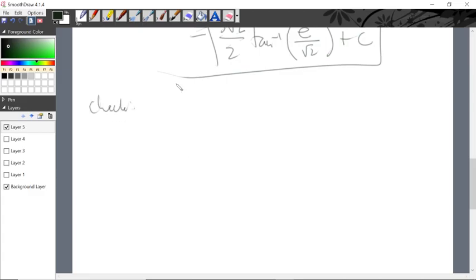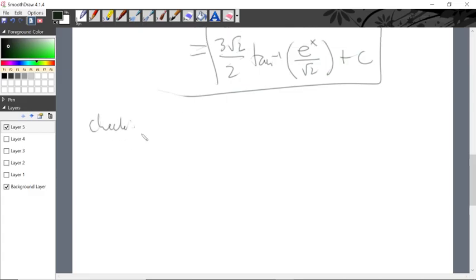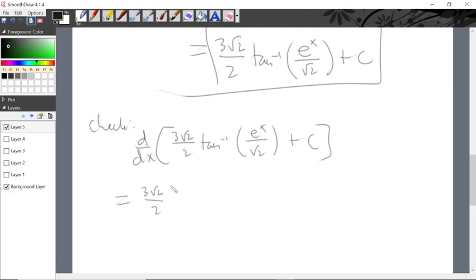So check. Okay, check this answer. The derivative of 3 root 2 over 2 arctangent e to the x over root 2 plus c. We can factor out the 3 root 2 over 2, and then the derivative of the arctangent of e to the x over root 2 is 1 over 1 plus the argument squared.